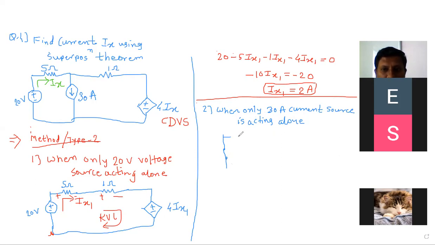Short करायचं की नाही? And I will keep the 30 ampere. See the direction properly. Direction also matters. The direction of the current source is downward here. So this is 1 ohm, this is 5 ohm. This voltage source is shorted. Dependent source as it is.